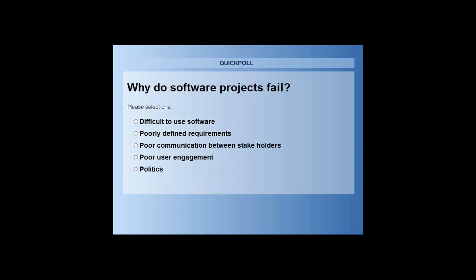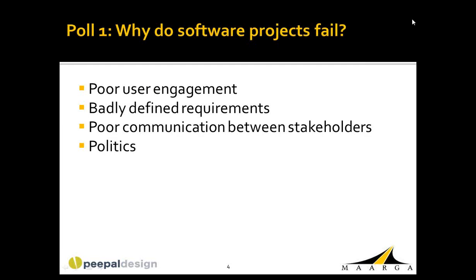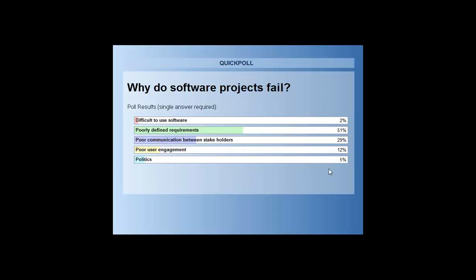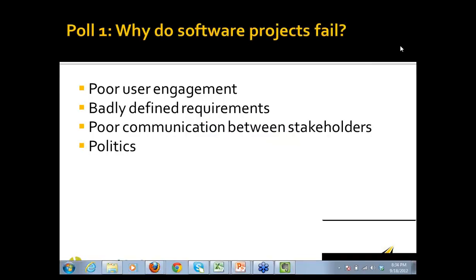And we're great. All right, I'm going to go ahead. 5 more seconds. We'll close this poll, and I'll display the results. All right. Here are the results. All right. There we go. 51% is the winner there for poorly defined requirements. Yeah. Politics, I'm surprised it was so low. All right, here we go. All right, we'll get back to you now, Guy.